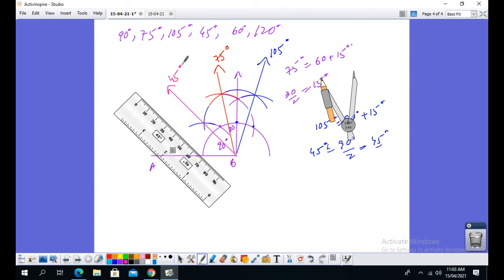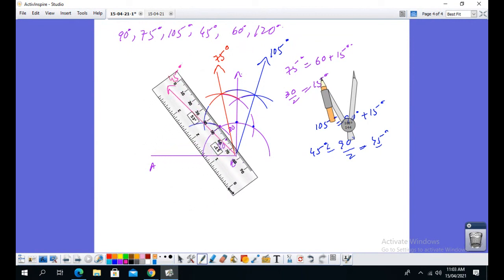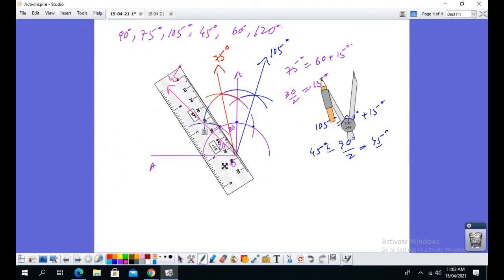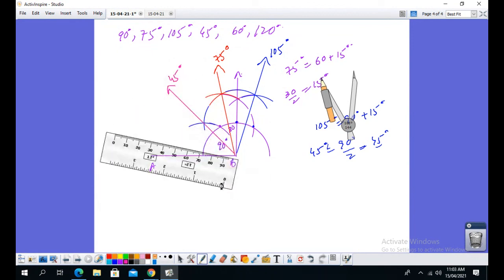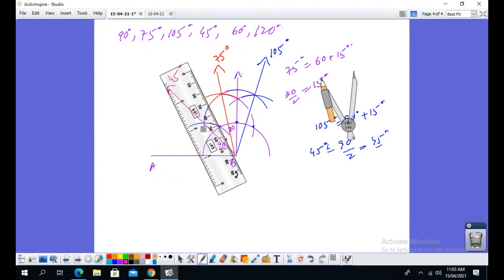If we want to draw 60 degree angle, we just join this and this angle. We have 90 degree, 60 degree angle.